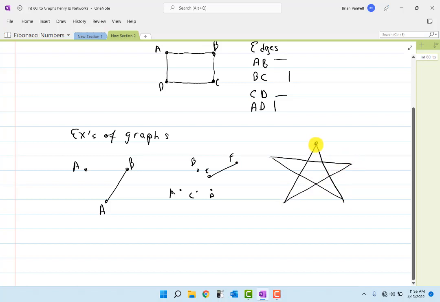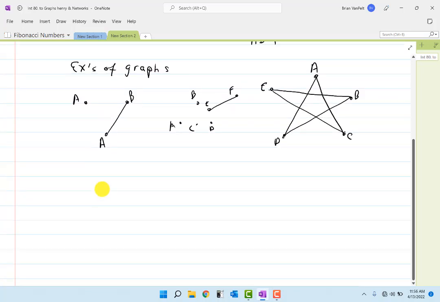This star shape is a graph. And I'm labeling the dots A, B, C, D, E. Now what about the other places where it crosses here, here, and here? Well, they don't count as vertices unless I say they're vertices. So that is a different picture from the following.